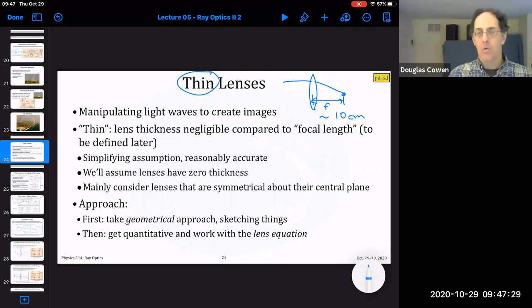And then we're going to get quantitative and work with something called the lens equation. I think this is a really useful progression to follow, because the geometrical approach gives you a physical intuition for where images will end up. And then when we get quantitative, we can use the geometrical approach to check that our quantitative answer actually makes sense.